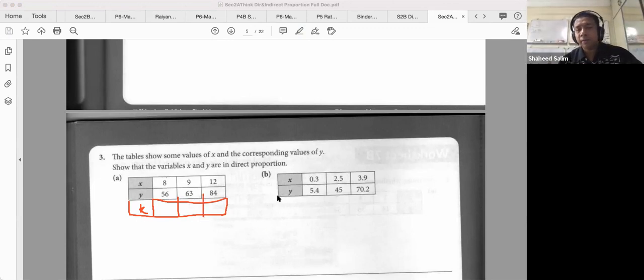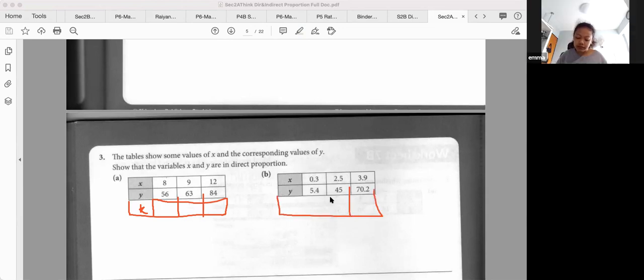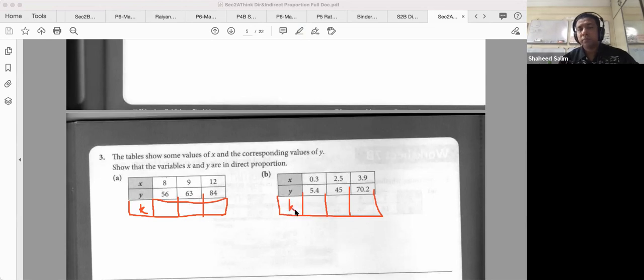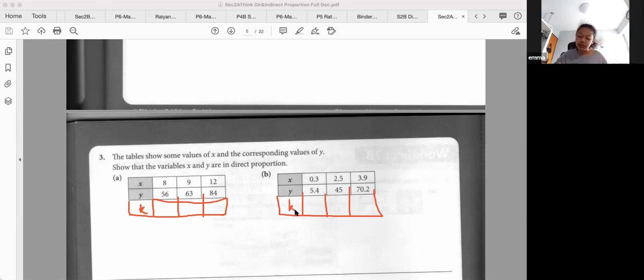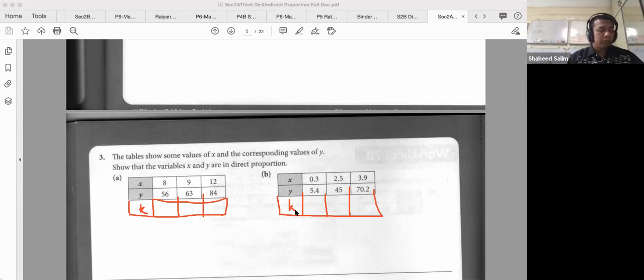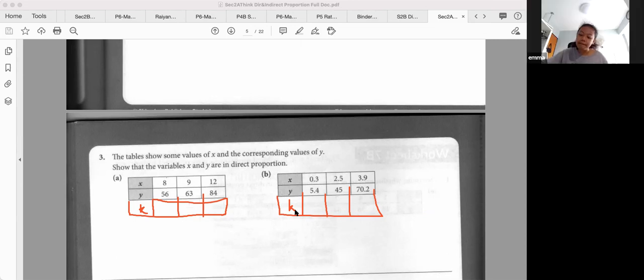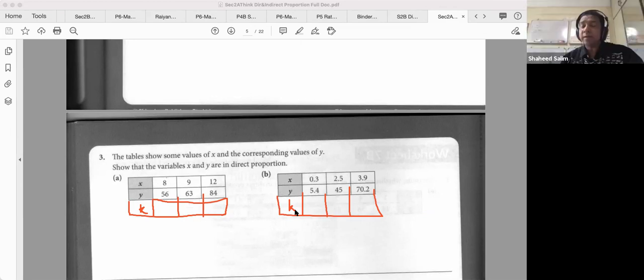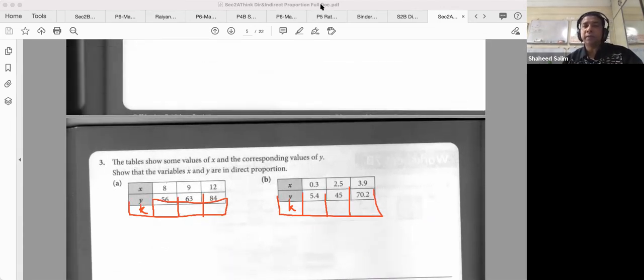What about the other one, B? Yes. So if the value is the same, it's in direct proportion. Well done. Okay, I better clear the screen.